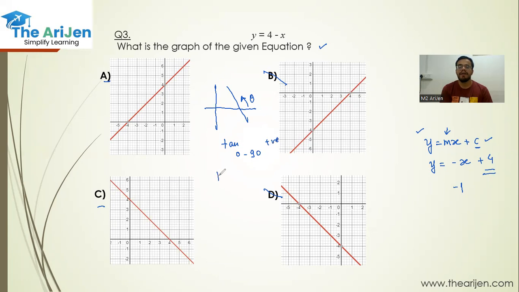If it is between 90 and 180, tan is negative, so the slope is negative, meaning the angle made by the line is greater than 90. I hope you all remember that tan 135 is minus 1. This line gives us that angle, so the slope is negative. Hence, option C is the right choice.